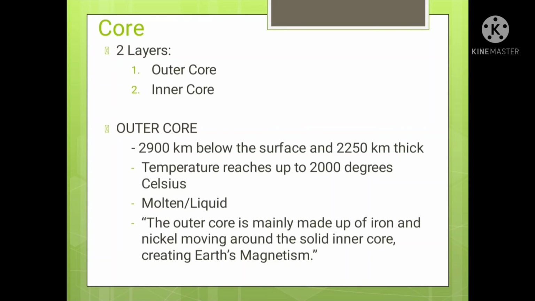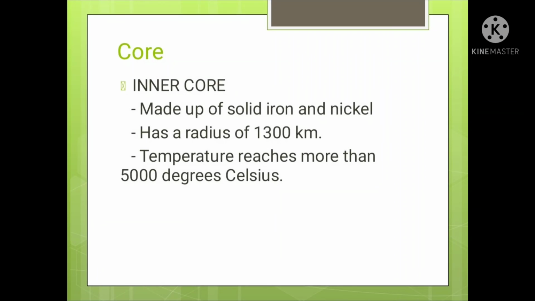The outer core is mainly made up of iron and nickel moving around the solid inner core, creating Earth's magnetism. The inner core is made up of solid iron and nickel, has a radius of 1,300 kilometers, and its temperature reaches more than 5,000 degrees Celsius.